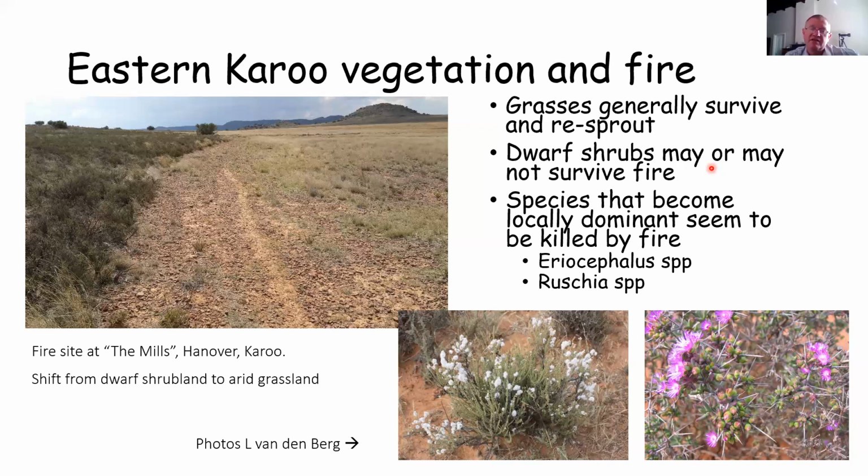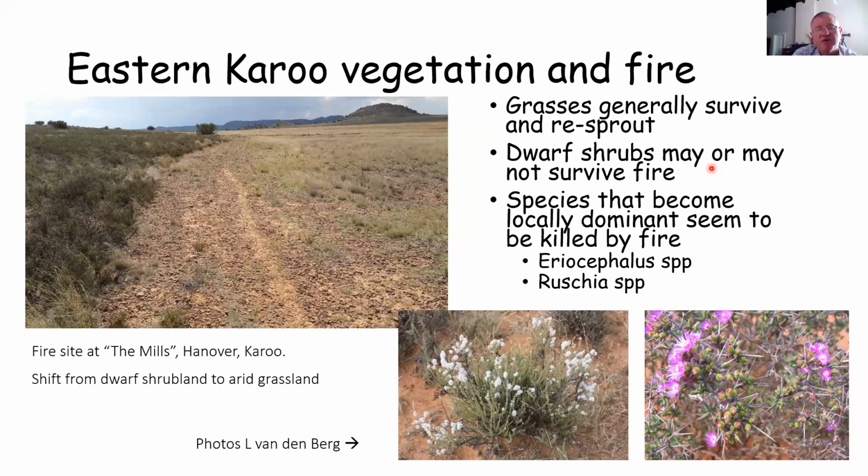In particular, the species that are killed and are often dominant are Eriocephalus ericoides, which you can see there in the bottom left-hand picture with the white flowers, and also Ruschia intricata or other Ruschia species. They are killed by fire, and they are often dominant in areas. So although most of the species of shrubs survive fires, a fire might kill most of the actual plants.